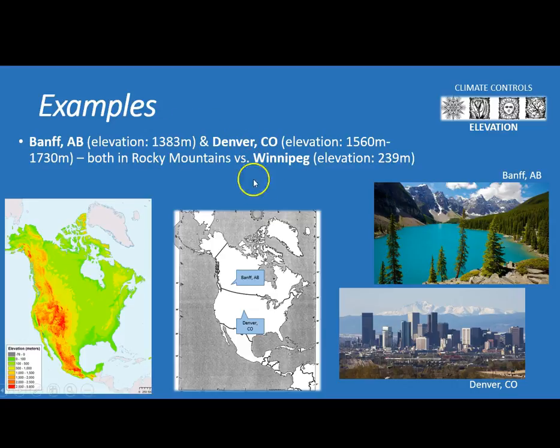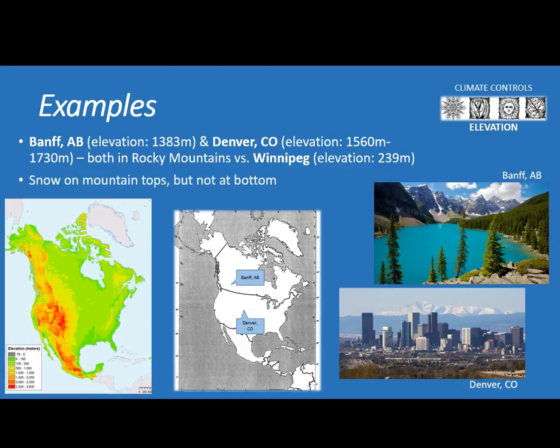So you'd be able to say that, for example, Banff is cooler at its elevation than another city at the same latitude would be at a lower elevation. So unless you get into very extreme elevations, like over 1 kilometer in height, the change in temperature is not so drastic that you're going to be able to feel it very often or easily.